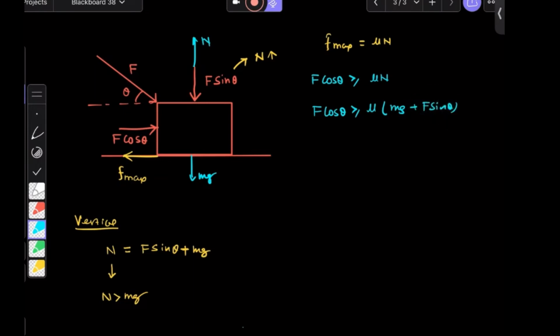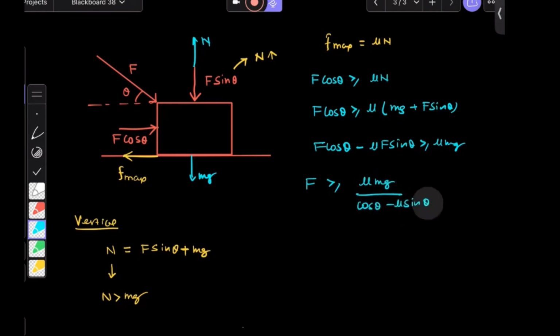We'll simplify: F cos theta minus mu F sin theta is more than or equal to mu mg. So F is more than or equal to mu mg by (cos theta minus mu sin theta). For a given theta, the minimum that we must apply is mu mg by (cos theta minus mu sin theta).